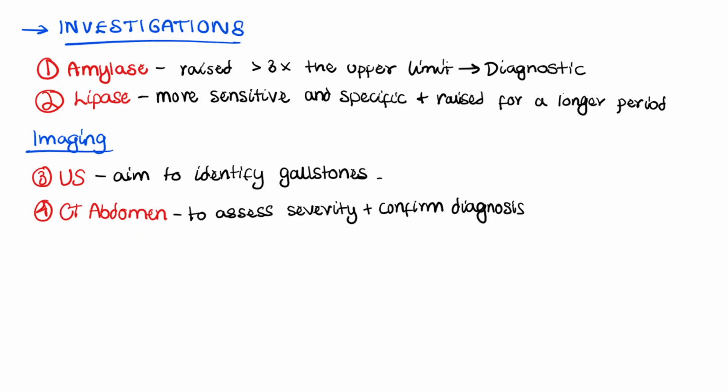The CT abdomen is mainly to assess the severity, to look for any complications like the pancreatic pseudocyst or necrosis, which I will go on to cover later. Another optional investigation is the ALT, which would be significantly raised in gallstone disease, so that's important to consider as well.